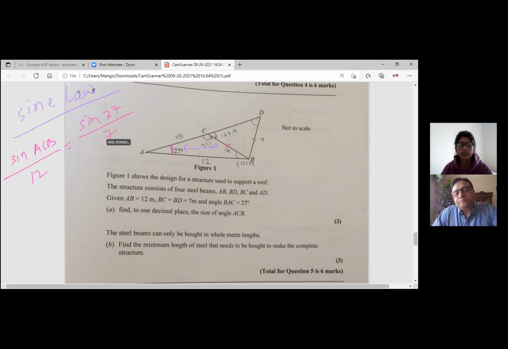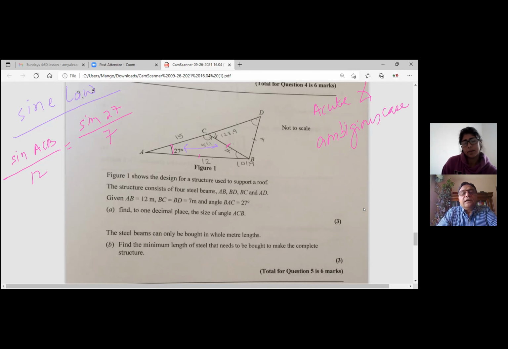Is it okay? Now, whenever you apply sine law, since you are having an acute angle, right? You have an acute angle. There could be ambiguous cases. You understand ambiguous case? No. Okay.